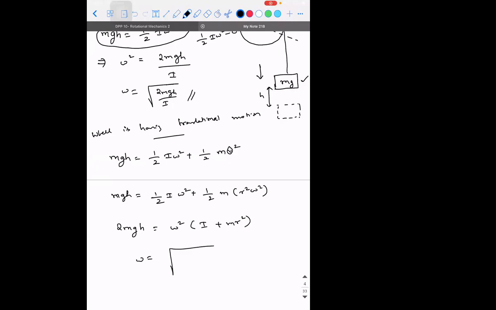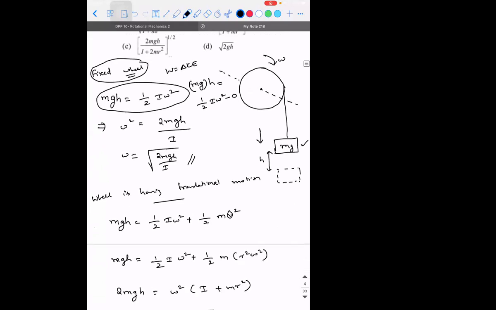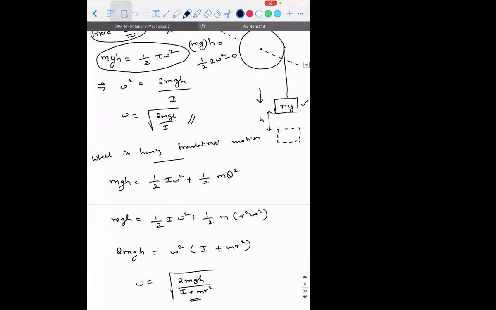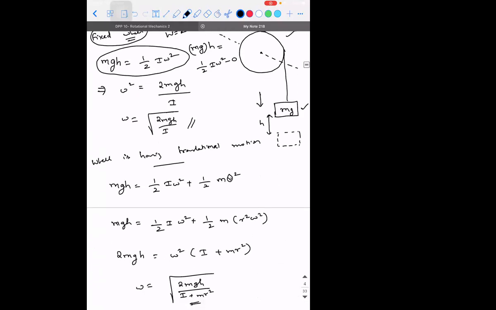So omega will be equal to root of 2mgh divided by (I plus mr square). Guys, I don't know which one is right because I'm not sure of how this wheel is. But are you guys able to understand? Had it been fixed, had it been moving, what would have happened? Yes, sir. Yeah. Make a note of both.